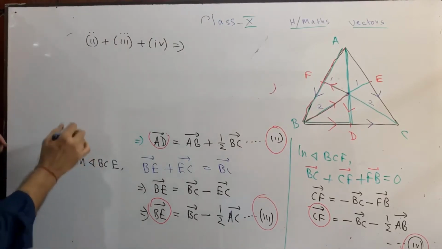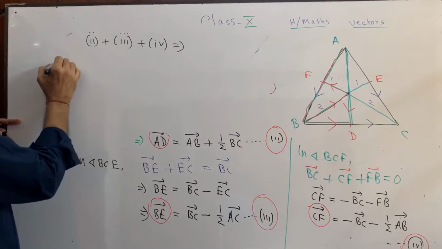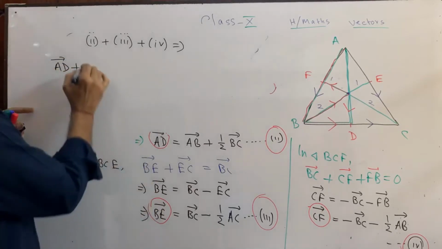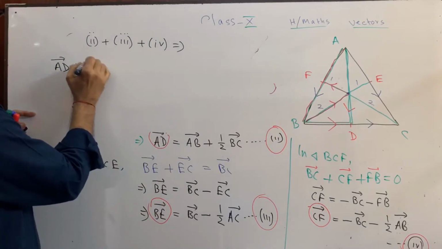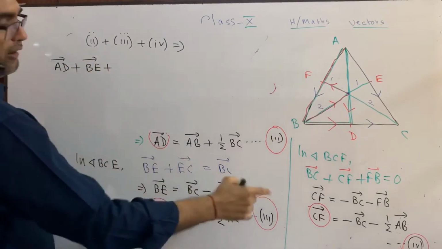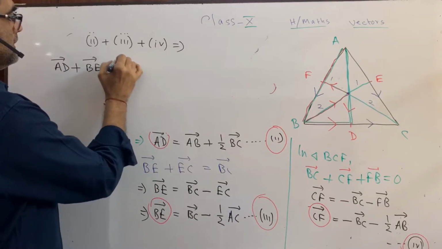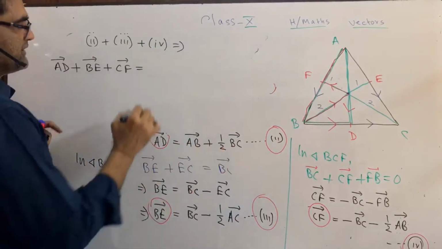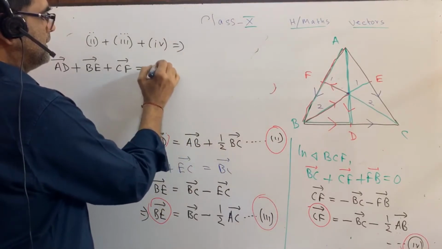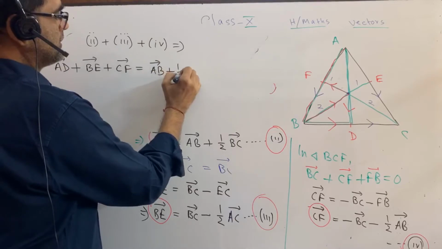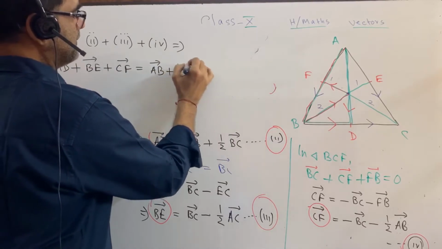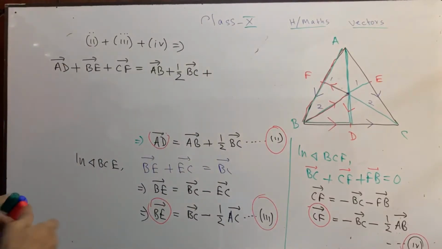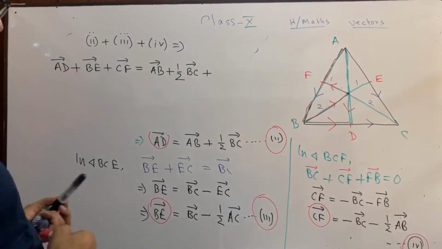Okay, how? This is AD, write down AD. This is BE, write down BE. Now that is CF. It is AB plus half of BC. Then BC minus half of AC.